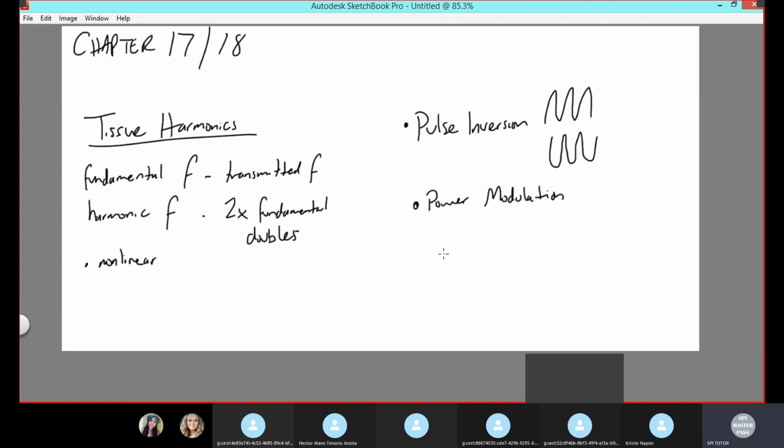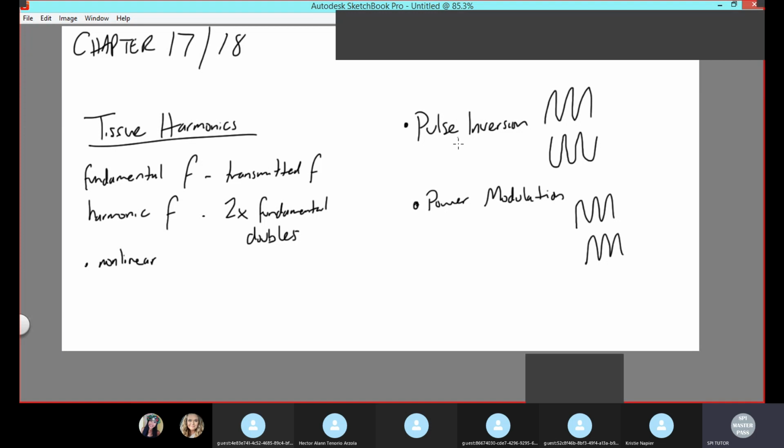For power modulation, they also send out 2 pulses, but they're the same. So instead of experiencing destructive interference, they'll experience constructive interference. They'll get bigger. They'll combine and double. Then the machine just takes that and cancels it out. It's just a different way of achieving this in order to isolate the harmonic frequency. So these are the two technologies behind tissue harmonics.